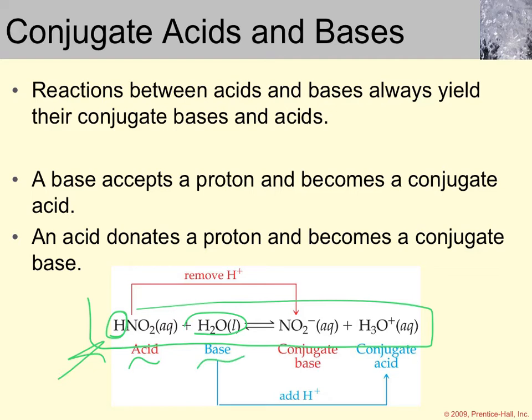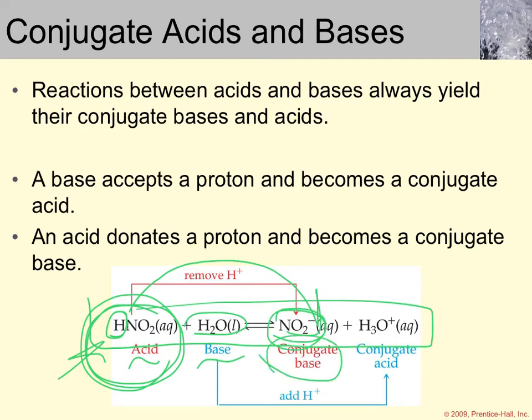Now, look for what the acid forms once it does its thing, which is donating a hydrogen ion. What's going to be left over? It's going to be left with NO2 minus. So here's the conjugate base that comes from this acid. In this reaction, water is serving as the base.